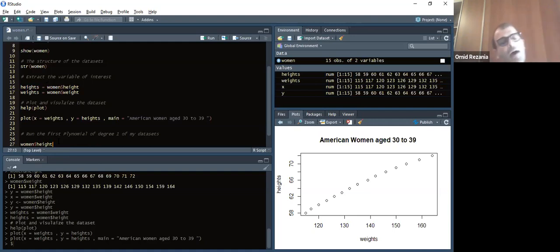Or why should I bother to write these long words? I simply call it heights, because I did the same object created here. You see that? I say heights is going to be a function of the weight in a polynomial degree 1.